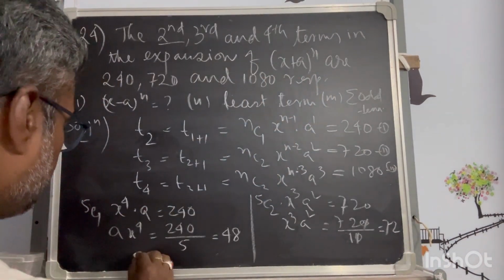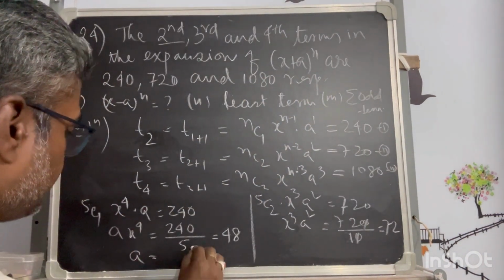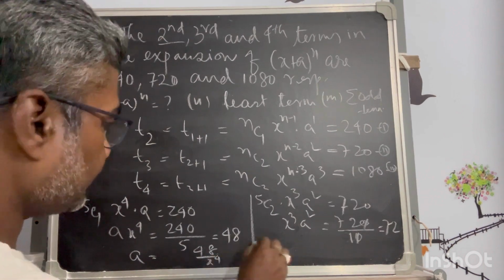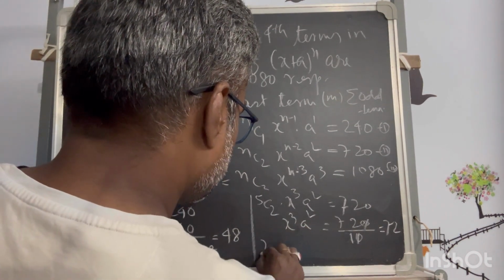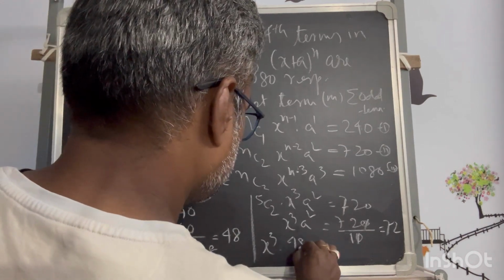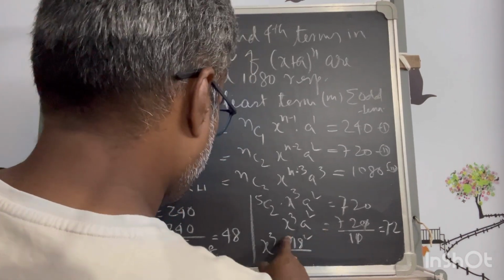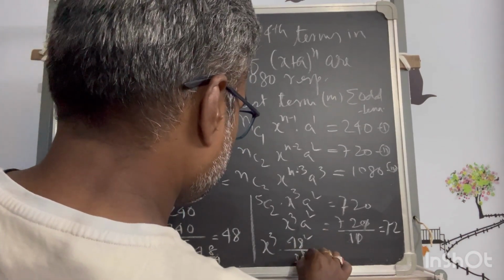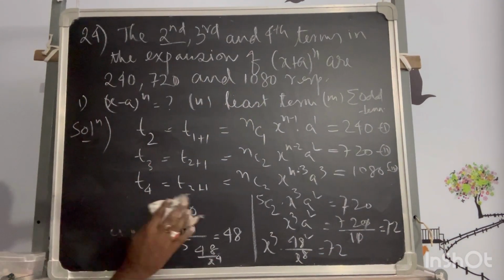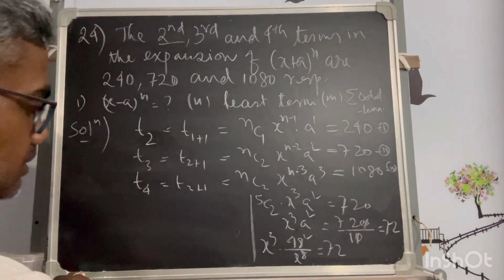So if we put the value from here, a is equal to 48 by x to the power 4, put it there: x cube, and a is equal to 48 square divided by x to the power 8 is equal to 72. Let me solve this.